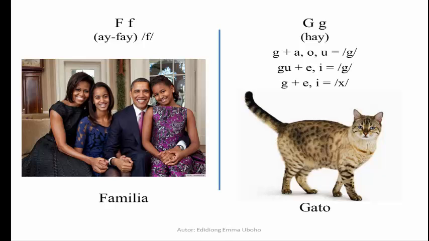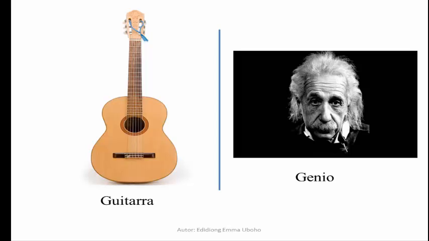If G precedes an A, O, or U, it is pronounced as G. If GU precedes an E or an I, the U is silent, so it's pronounced as G, not Gu, but G, just like a G. On the other hand, if G precedes an E or an I, the letter G, which is called hey in Spanish, is pronounced like an H. An example, gato, guitarra, and genio.